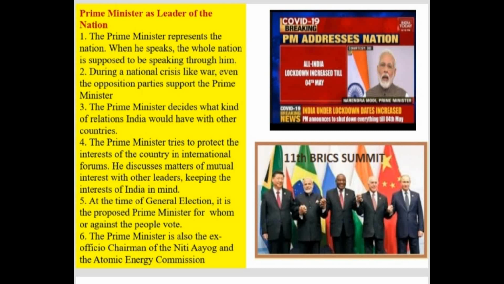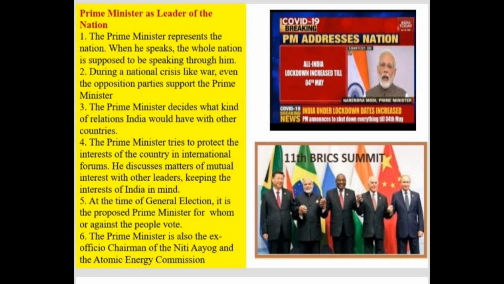The Prime Minister even tries to protect the interest of the country in the international forums. See, there are many forums or bodies where a group of countries come together and work together. For example, you can see in the slide, we call it the BRICS summit, where Brazil, Russia, India, China and South Africa all come together and work as a team for the interest of these nations.